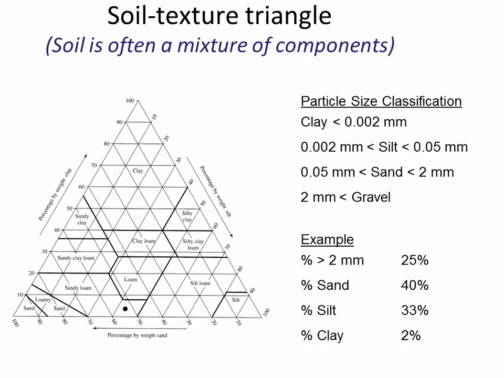More commonly, soils will be a mix of partly clay, partly silt, partly sand, and then on top of that there may be gravel as well, or rock underneath it, or sections of the soil where there are rocks inside of it.